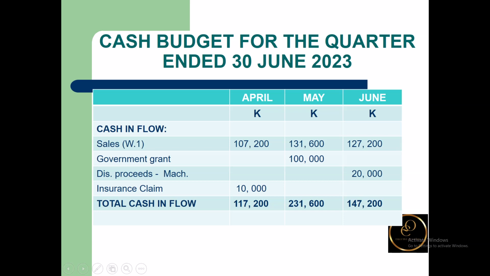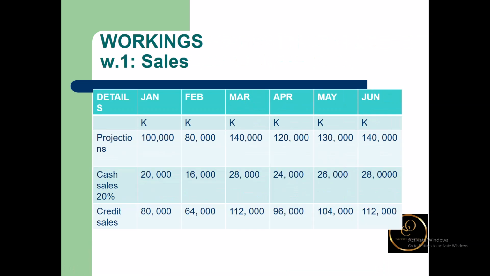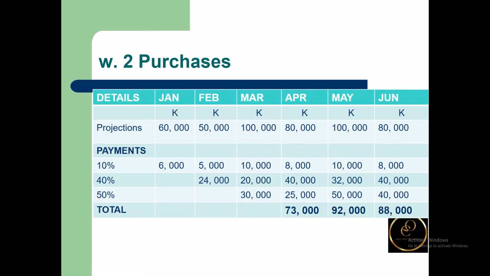We look at the cash outflow workings, particularly the purchases. So let's look at what is under purchases workings. Again, you show your projections, purchase projection of 60,000 through to June with 80,000.